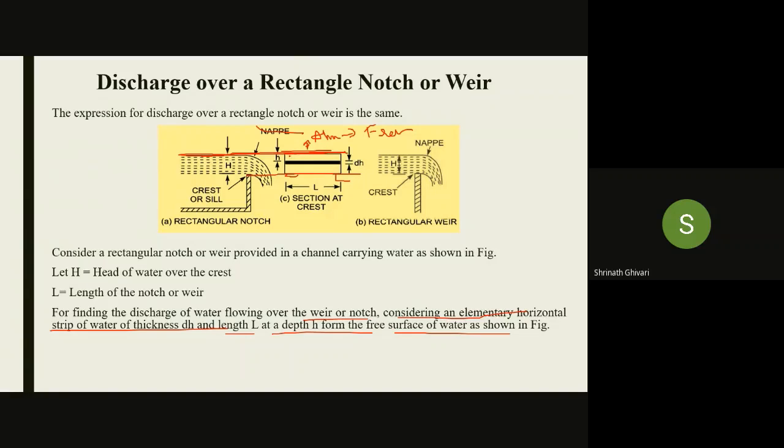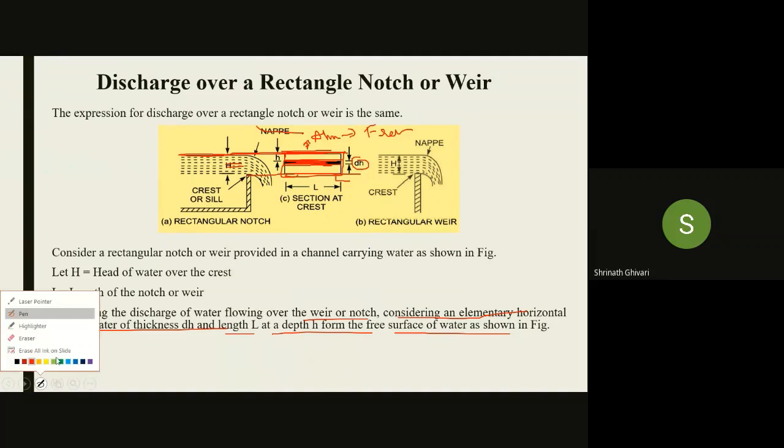Now, it says to consider an elementary horizontal strip of water. I cannot take this whole area of falling water and measure its discharge. I want to consider only a strip of water from that whole H, of elementary thickness like this. So that has a thickness of dh at a depth h from the free surface, as shown in the figure.